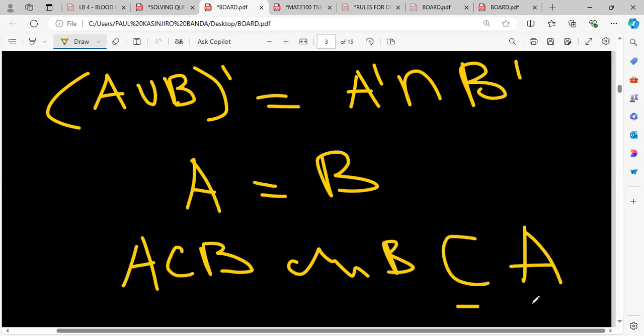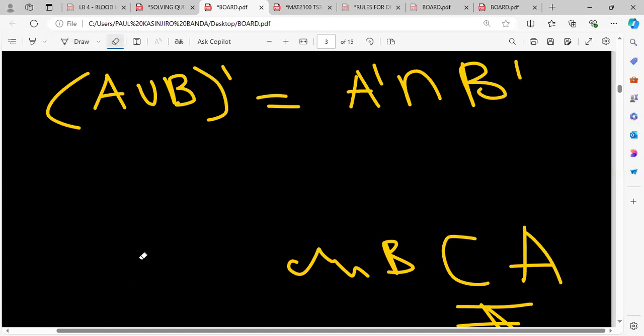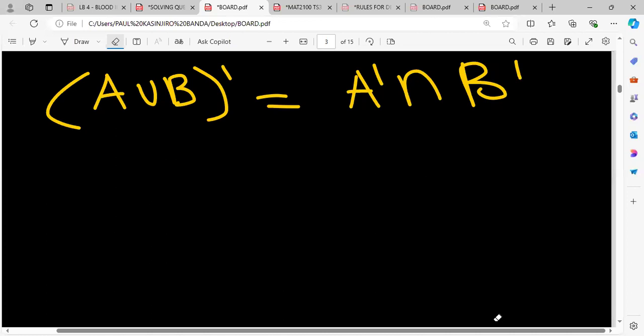A. Okay, so this is what we mean here. If A equals B, then A is a subset of B and B is a subset of A. So in this abstract method, we want to prove that what we have on the left-hand side is a subset of the right-hand side, and then again prove that the right-hand side is a subset of the left.